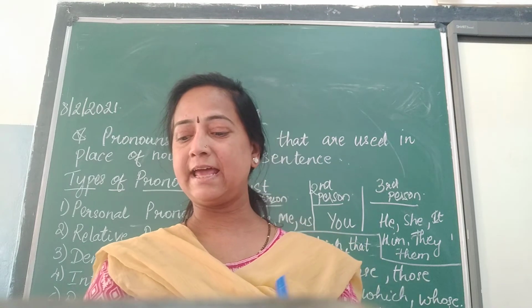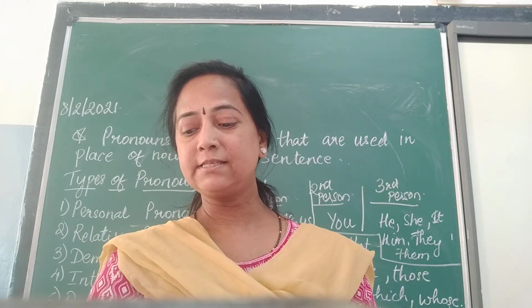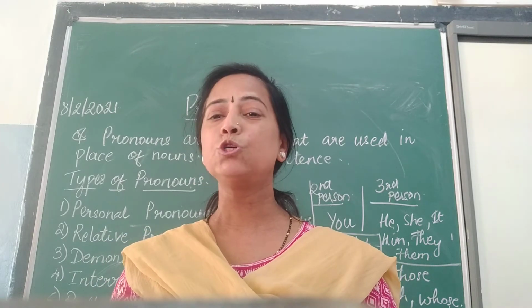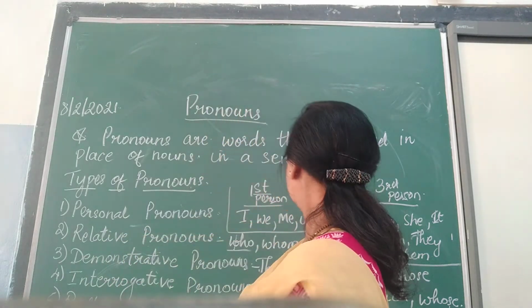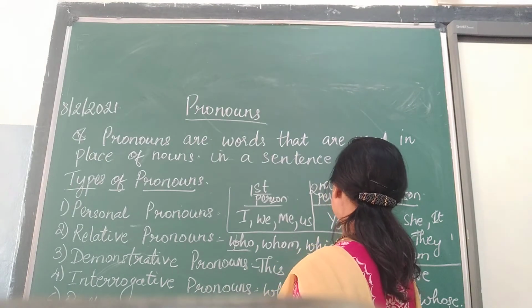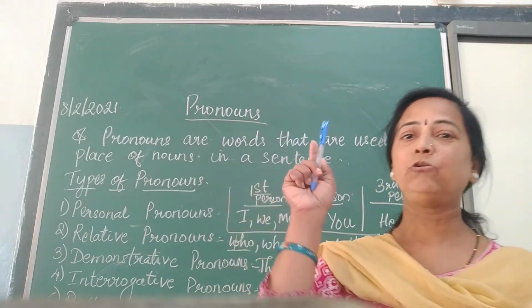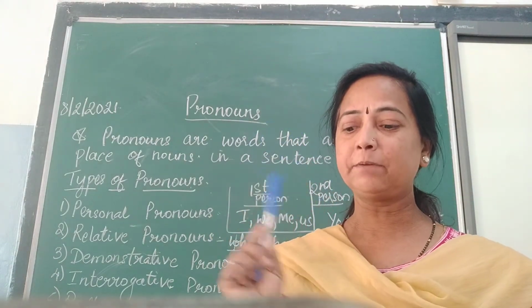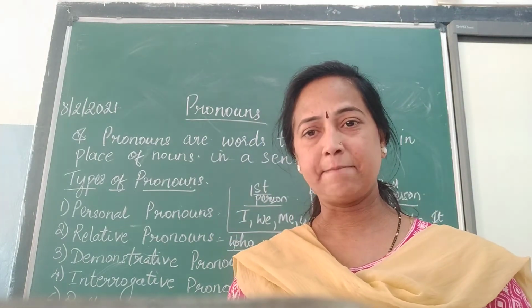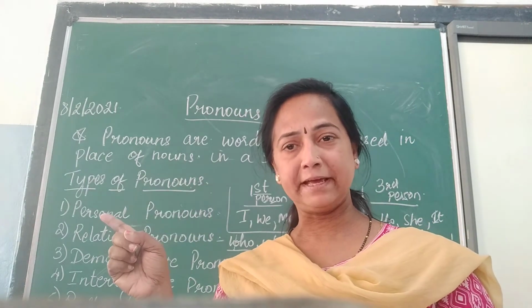The words this, that, these, those are called demonstrative pronouns. You are stressing on that. You are telling, yes, this particular pen is mine. Examples: this is my pen, that is your pen.